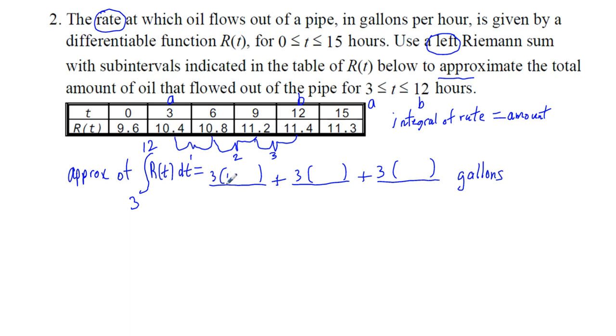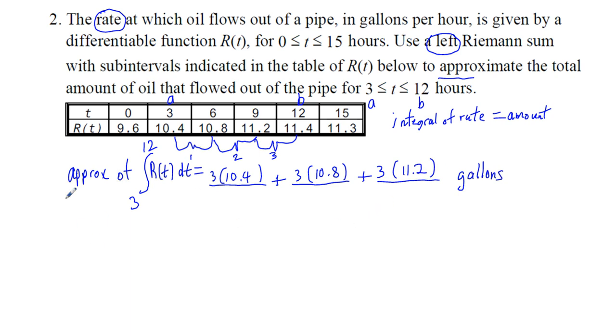We take the left, which is going to be 10.4. And then for this next interval between x equals 6 and x equals 9, we put 10.8. And lastly, this third interval, our right side of that rectangular height would be 11.4, but the left one, which is what we're going to use here, is 11.2. And that's it.